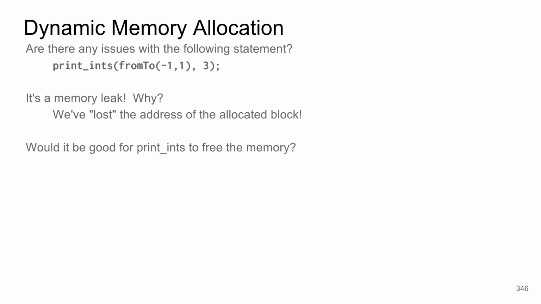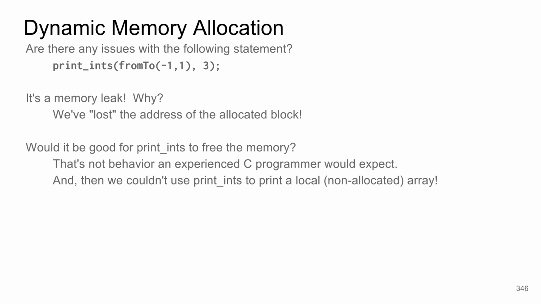Right. So if we tried to put a free call somewhere within this print ints function, we could only ever use it with an address that was allocated with malloc, right? So that's not behavior an experienced C programmer would hopefully expect. And then we also couldn't use print ints to print a local non-allocated array, right? Does that make sense to everybody?